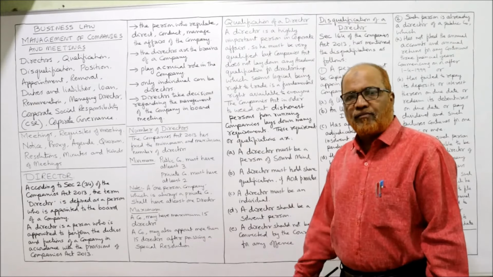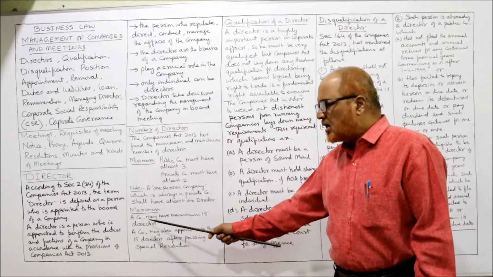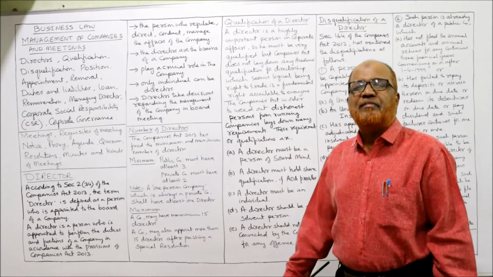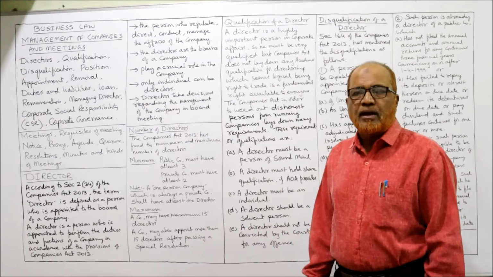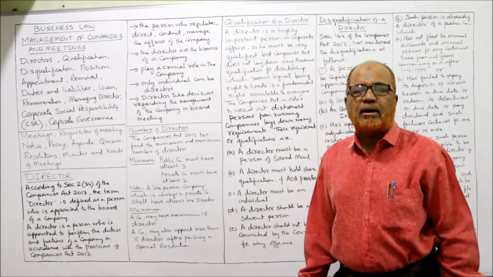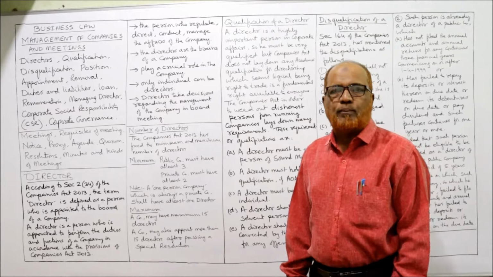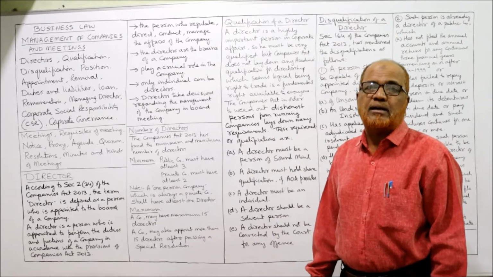Now maximum number of directors. Minimum we have seen. Now maximum number of directors, a company may have maximum 15 directors. But a company is eligible to have more than 15 directors also, provided a special resolution is passed by the company.